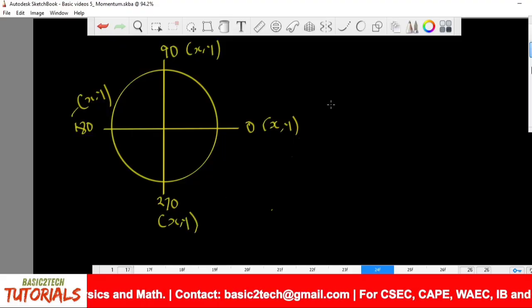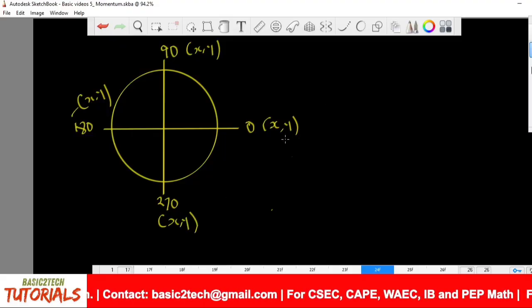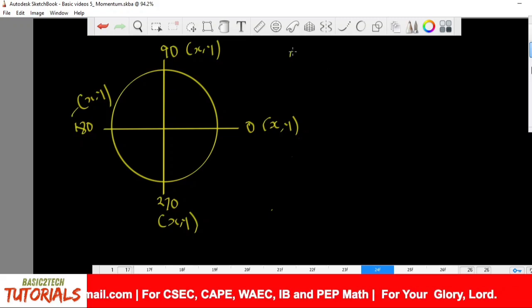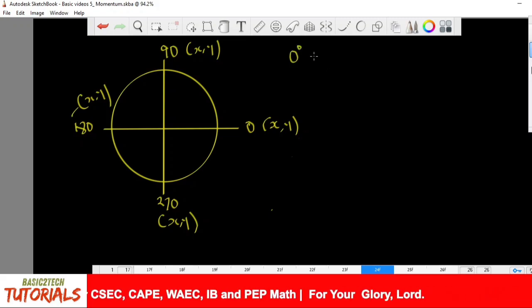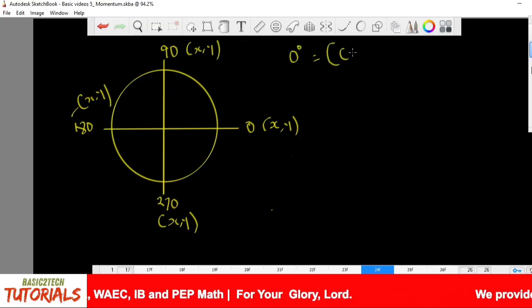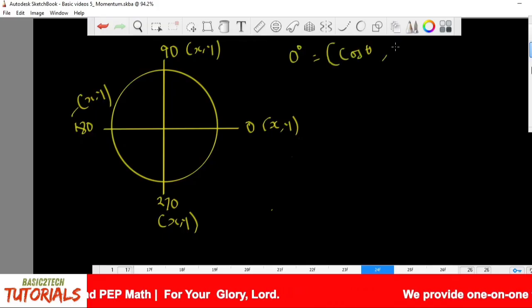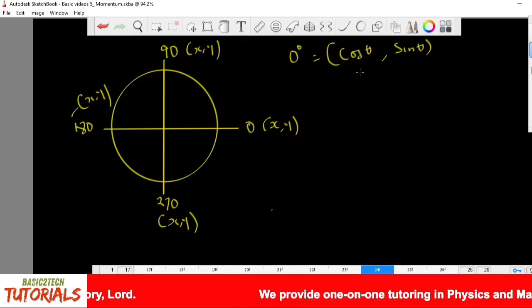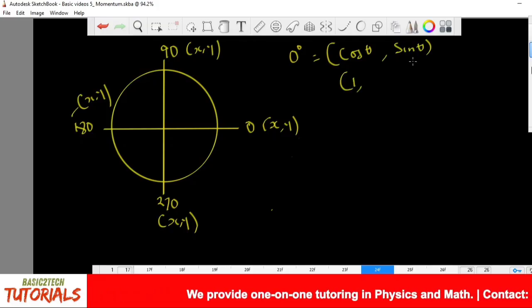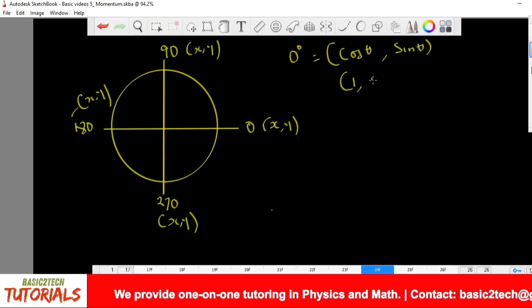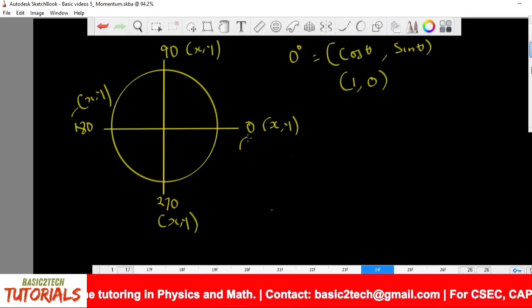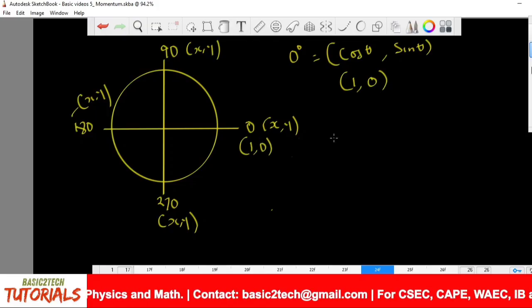Now, to know the coordinates for each angle, we can start with 0. When the angle is 0, we have cos 0 and sine 0. Cos 0 will give us 1, while sine 0 will give us 0. So at angle 0, the coordinates are (1, 0).